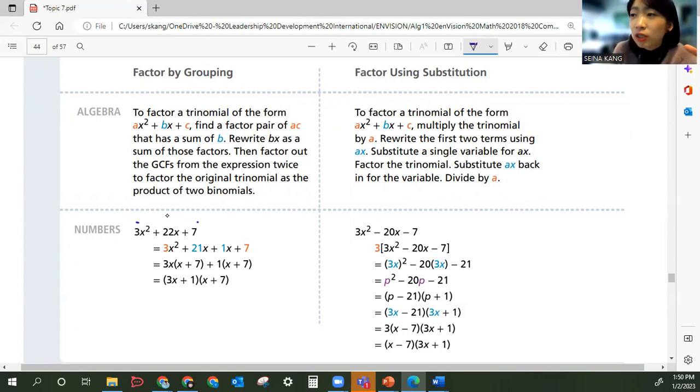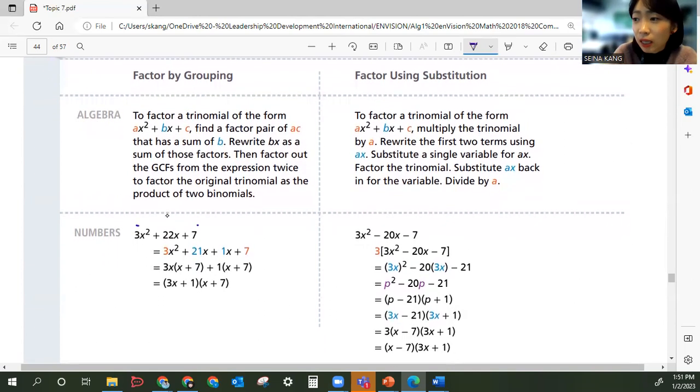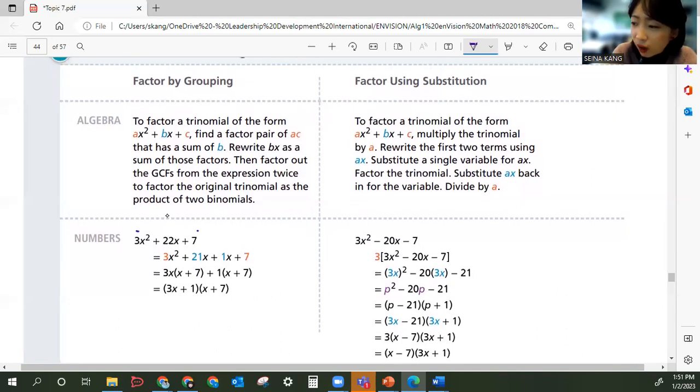Factoring using substitution, you're going to multiply your coefficient and then substitute it with a variable, and then you're going to substitute it back after you've factored it out. And then you're going to divide by the coefficient that you multiplied in the first step. Okay, so that is the summary of what we learned in this lesson so far.